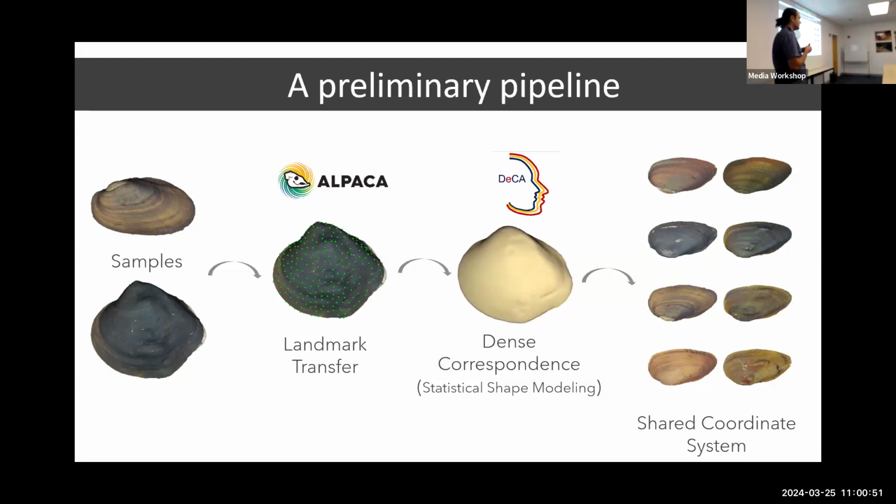With that, you can deform all specimens you started with into the mean shape of the population, and therefore create this shared coordinate system into which color information is mapped.